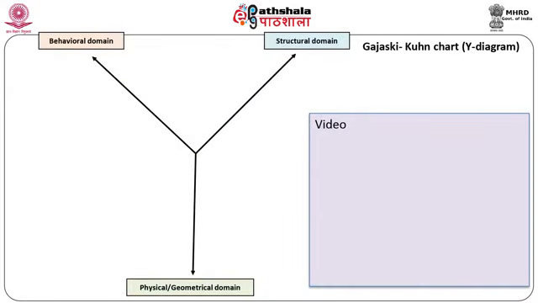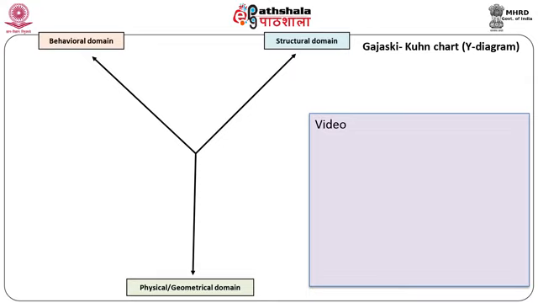An abstraction based model is fundamental to all automated design. The Gajski-Kuhn chart, or Y diagram, describes the different perspectives in digital hardware design. It shows the different stages of development of a VLSI integrated circuit. According to this model, the development of digital hardware is perceived within three domains.